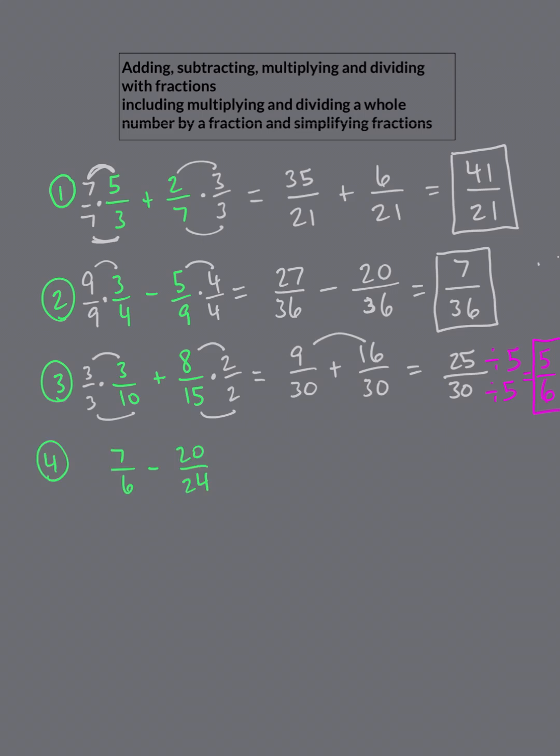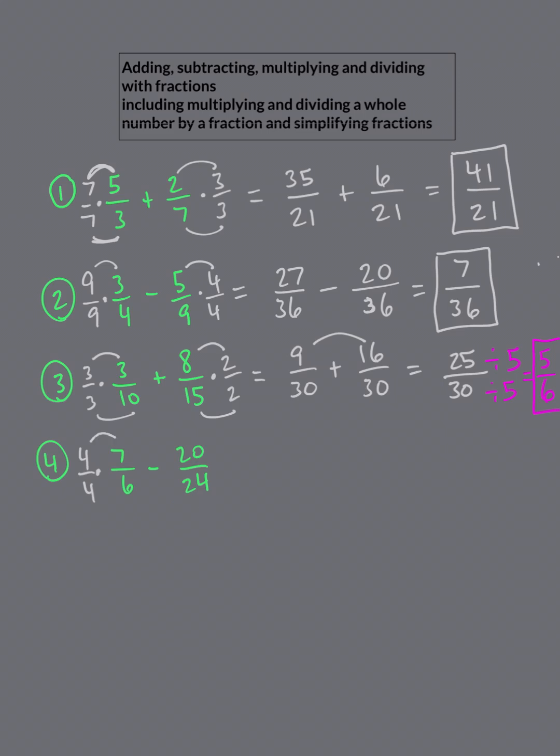Our next example is 7/6 minus 20 over 24. We know that 24 is a multiple of 6, and so we just need to multiply this fraction by 4 over 4, and we don't have to multiply our second fraction.